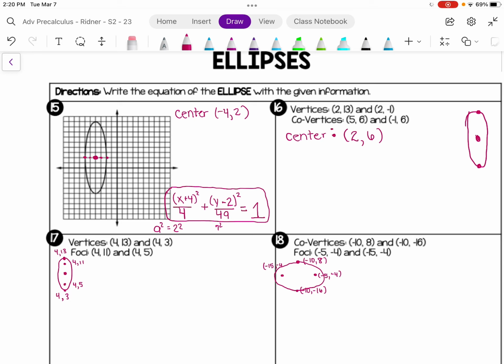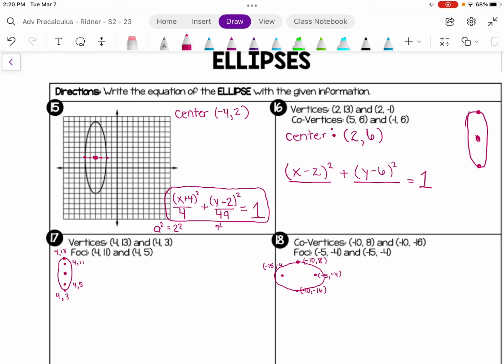Okay, so we have x minus 2 squared. We have y minus 6 squared. We don't know what they're over yet, but we're going to figure it out. And it's going to equal 1. Okay, so thinking about from 6, so the center, to 13, that's going to go up.